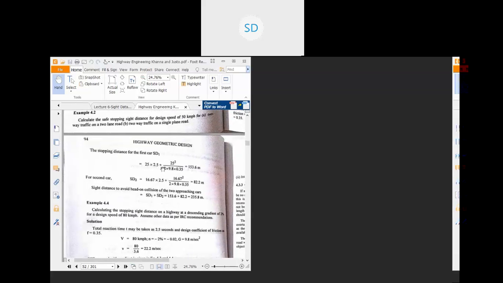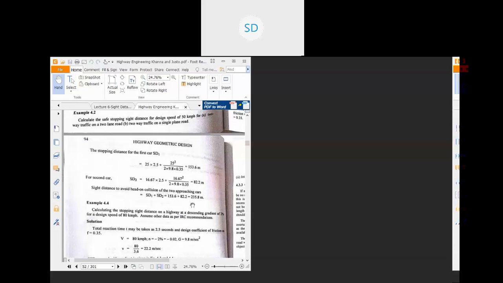So with your Vt plus V square by 2gf, you got this SSD for vehicle 1, and for the second car you will get this equation. So ultimately the sight distance required to avoid head-on collision would be 153.6 plus 82.2 meter, that is 235.8 meter.